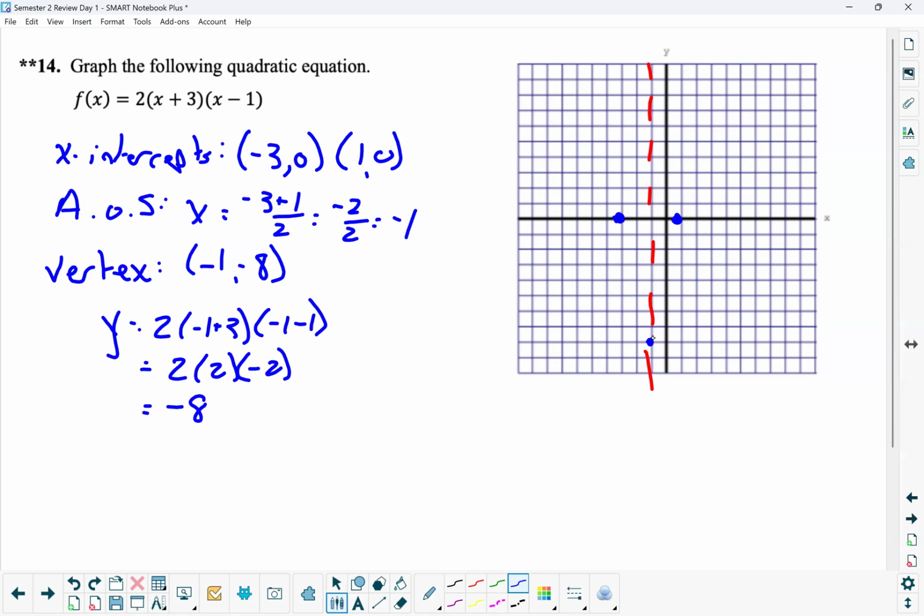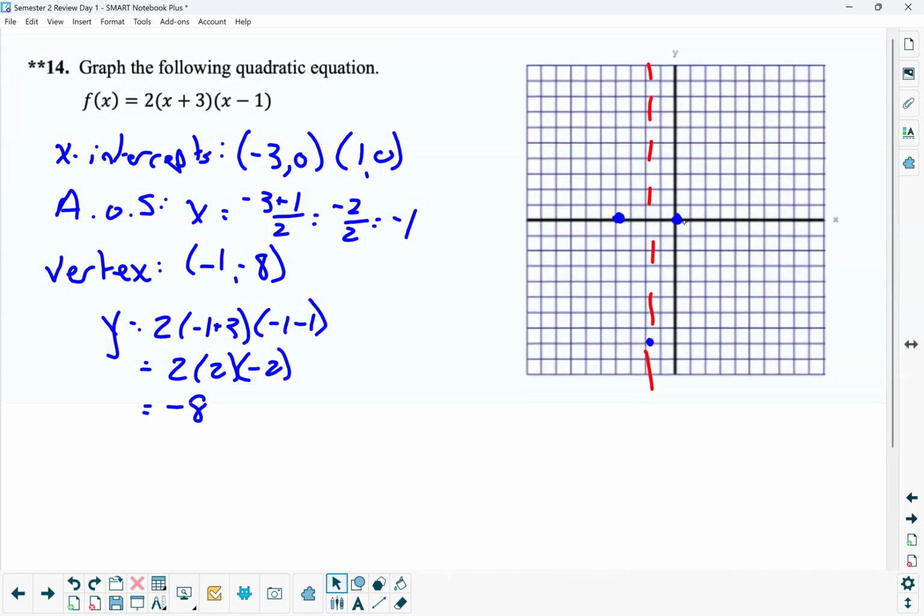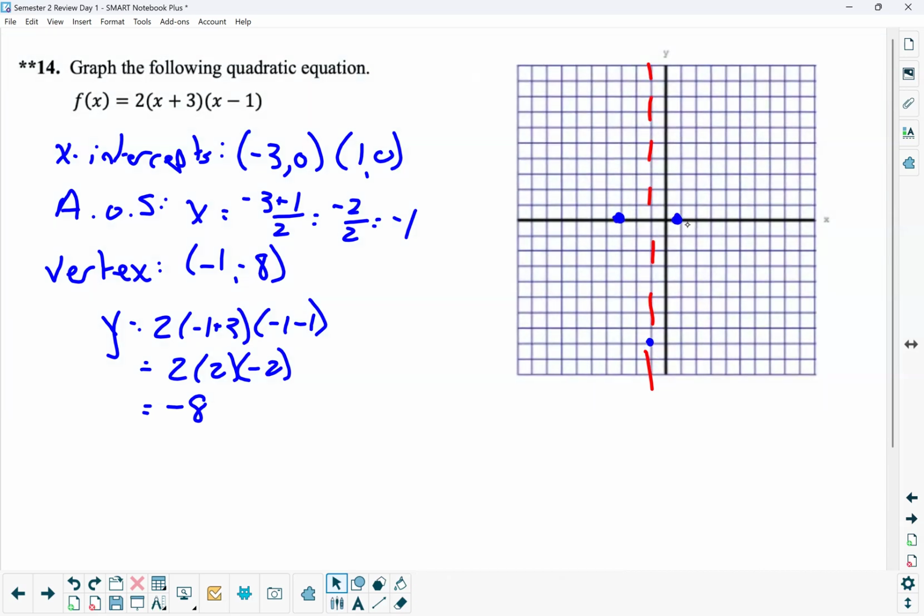Using the pattern, I'd go over 1, up 2, over 1, up 3 times 2 or 6, 1, 2, 3, 4, 5, 6, over 1, up 5 times 2 or 10.